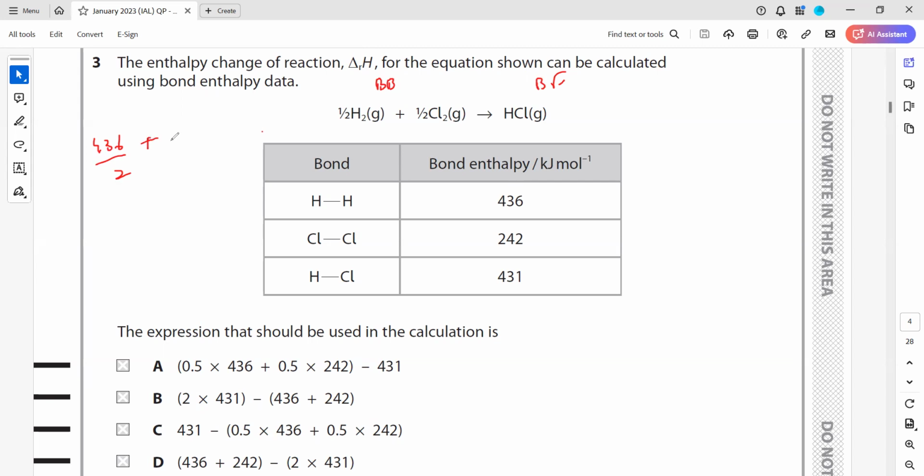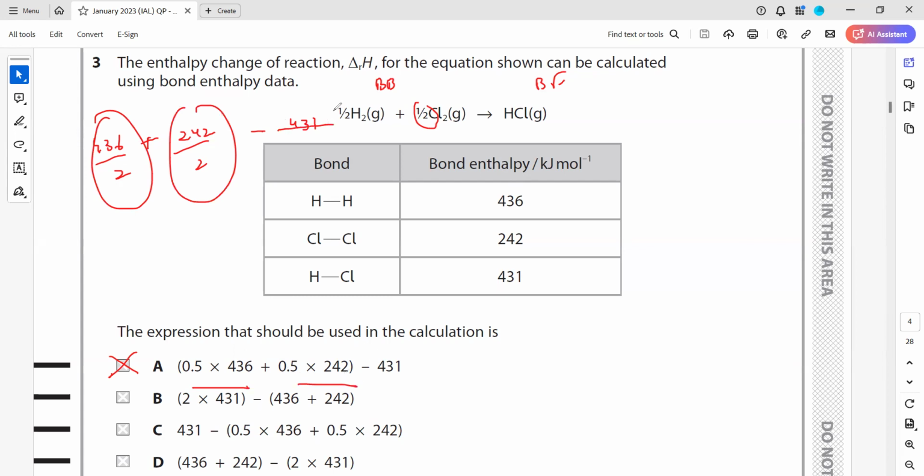Plus chlorine-chlorine is 242 and half, because half a mole is there. This will be the bond breaking minus the bond forming, hydrogen chloride 431. So half of 436, half of 242, and minus the bond forming energy, minus 431.